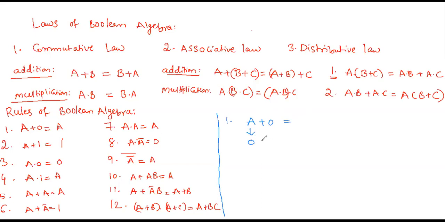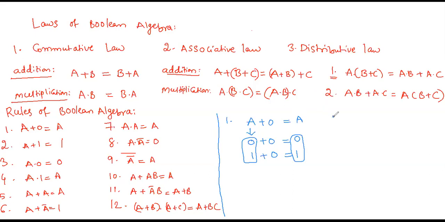So first we will consider A is 0. 0 plus 0, in the Boolean addition, is 0 only. Now, in the second case, A will take one value. 1 plus 0 is 1. Now observe, whatever the A value, you are getting the result also the same. If A is 0, you are getting 0. A is 1, you are getting the result as 1. So you can generalize A plus 0 is equal to A.